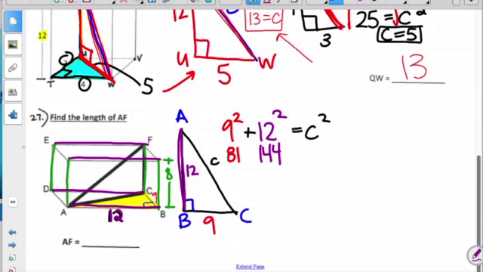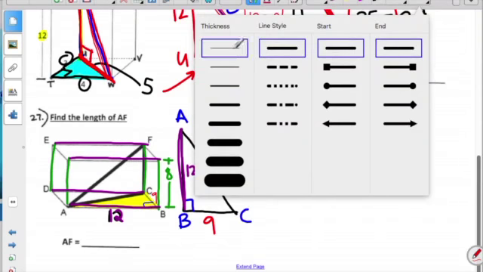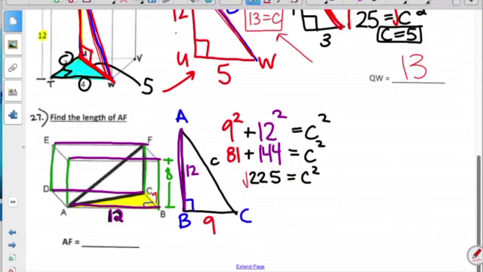And we know that that equals, when you add them together, c squared. So we're going to add 81 plus 144, and that's going to give us 225 is equal to c squared. And just like before, we're going to take the square root of both sides to cancel out our exponent of 2. So that's going to leave us on the right with just c, and the square root of 225 is 15.